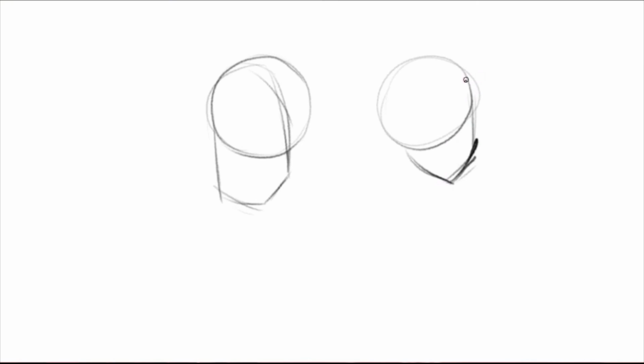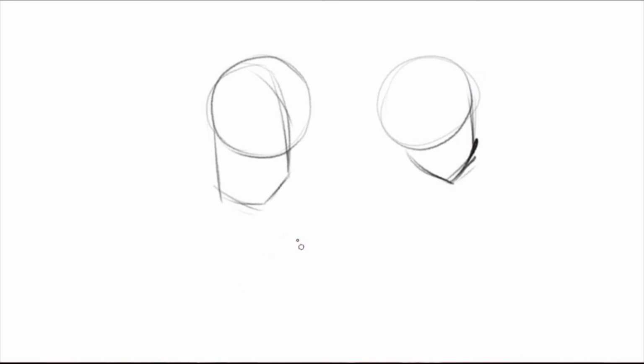So we have a circle, and we're going to draw sort of a wedge on that circle. It doesn't have to be a wedge. You can start with all kinds of shapes. Okay? You can start with a circle here. And you can give it the really classic pointy chin that a lot of kids do when they're learning how to draw anime for the first time.